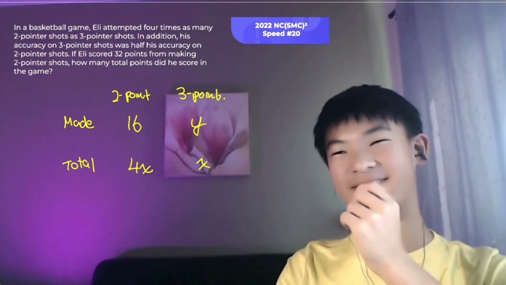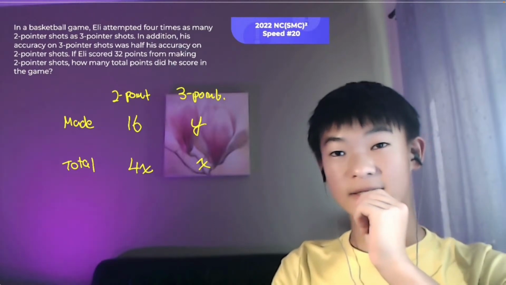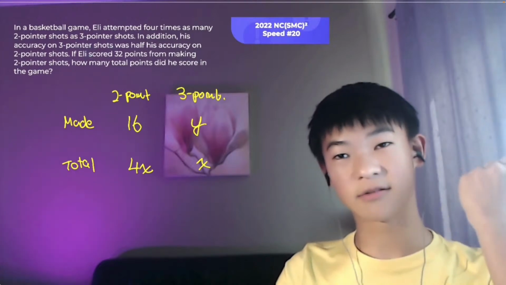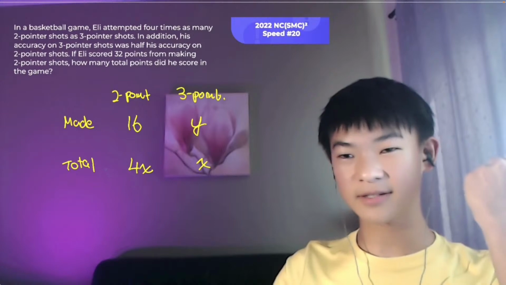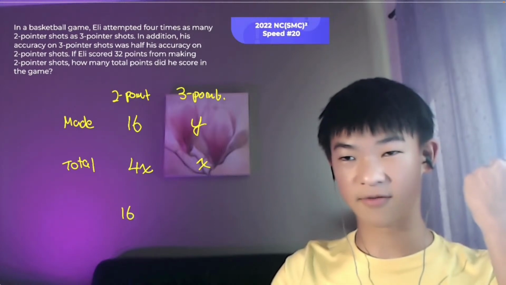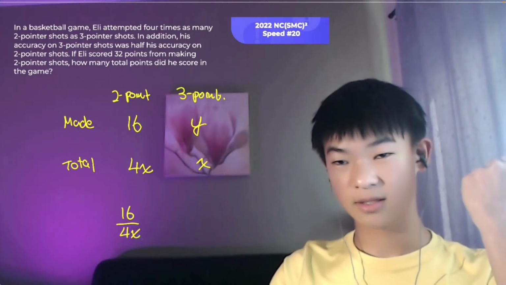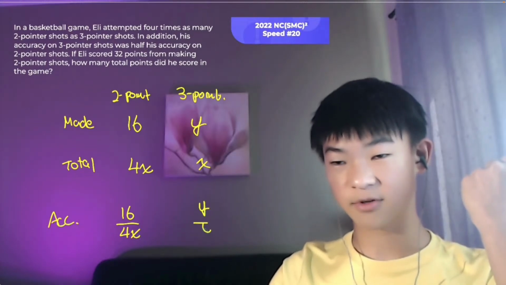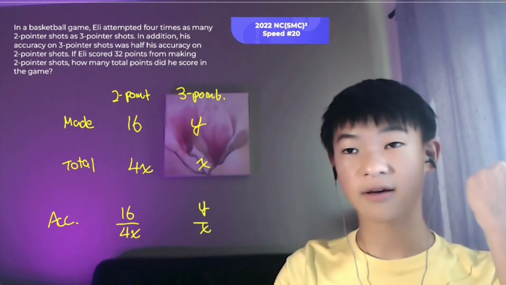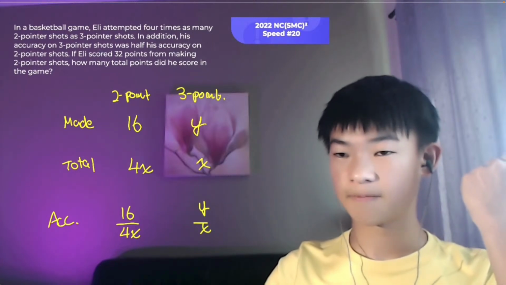Now we have to use this accuracy information. So in addition, his accuracy on 3-pointer shots was half his accuracy on 2-pointer shots. So accuracy would just be 16 over 4x for 2-pointers, and then y over x for 3-point, and half his accuracy on 2-pointer shots.